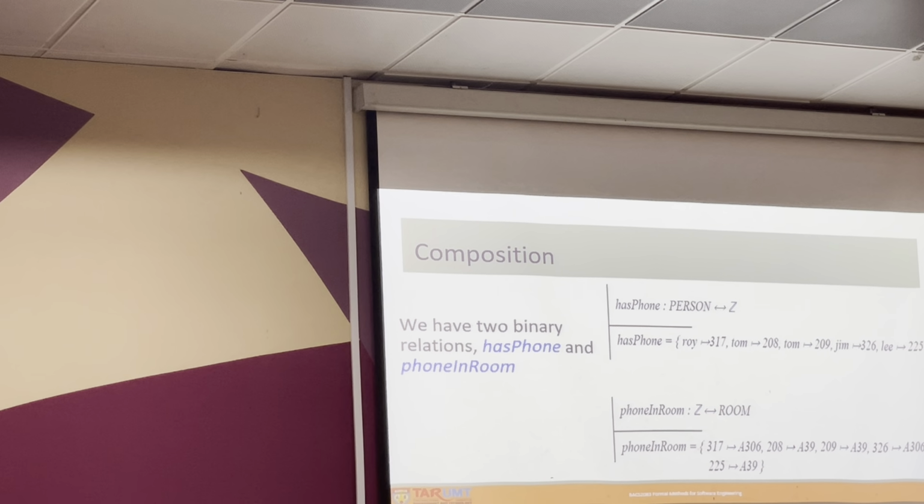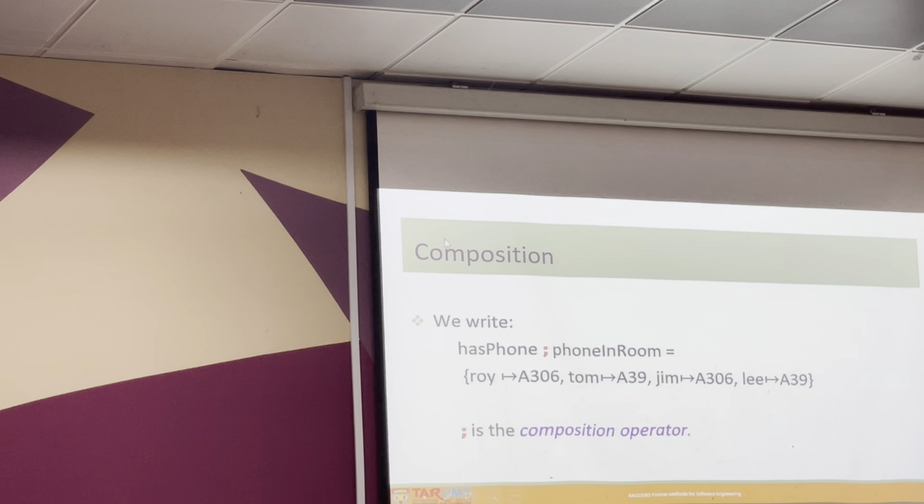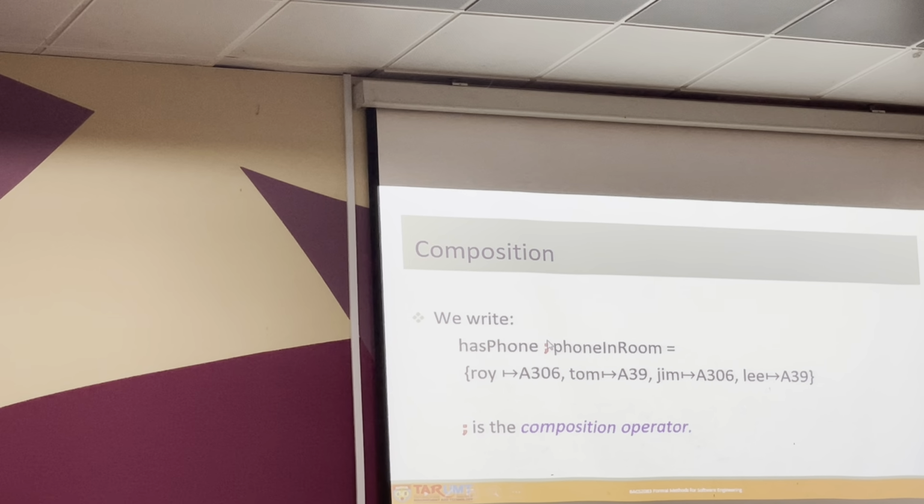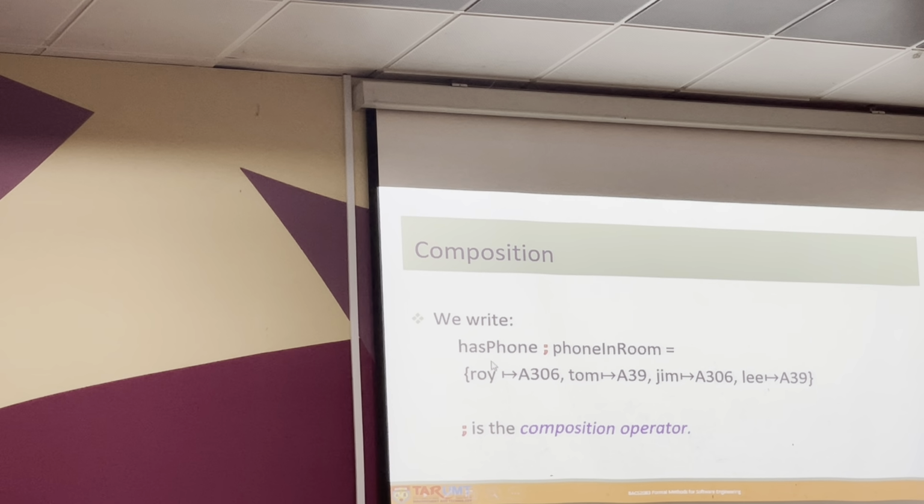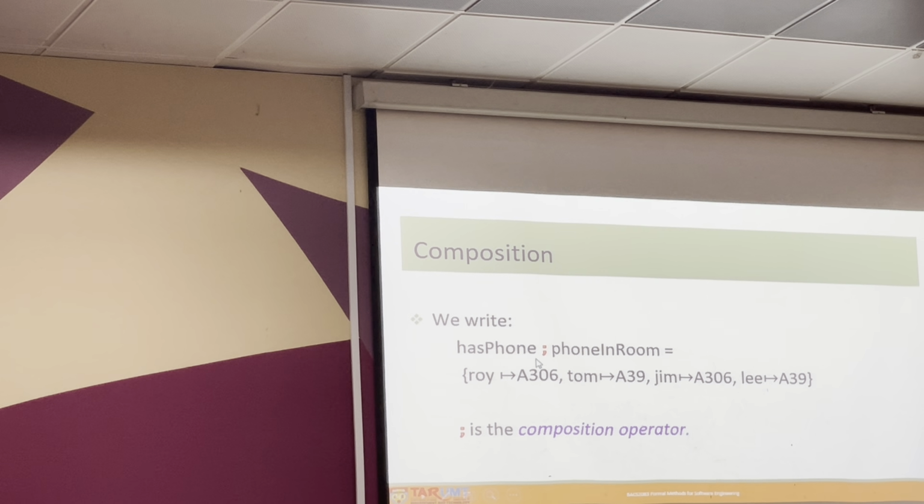Normally you will do like this, but in order for you to show the relationship, we are going to use what we call fact semicolon here. Fact semicolon to show the composition. It means that the range of has phone is the same as, or has some data which are the same in, the domain of phone in room here.